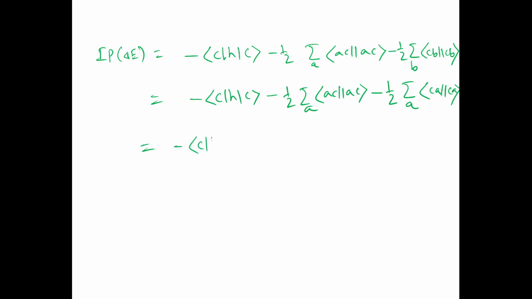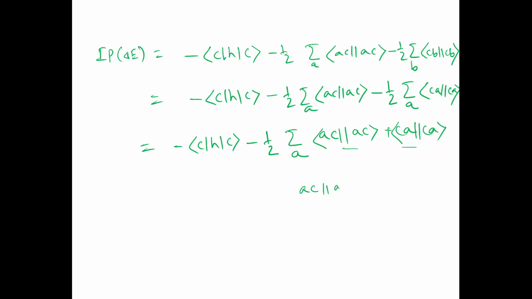Now take these two terms here. So you take common minus half. Now you take the summation here. What are you left with? You are left with AC plus CA, CA, right? Now, if you look at these two terms, they are actually the same.